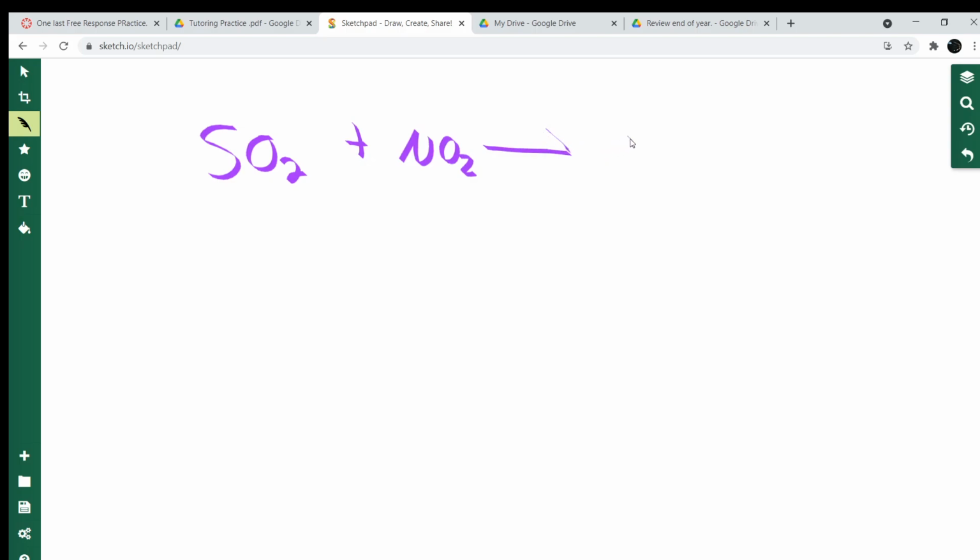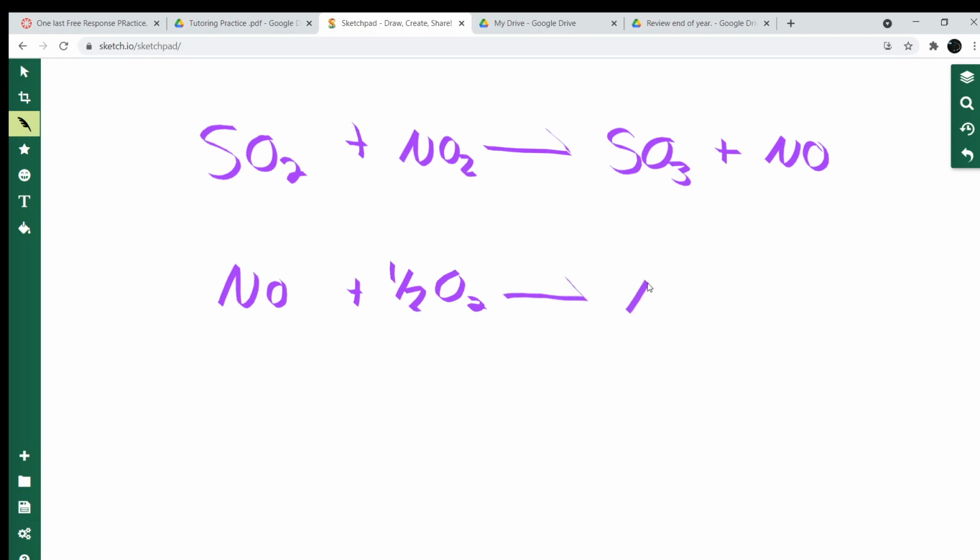What happens is that it'll end up turning into SO3 plus NO. And then we'll have NO plus half O2, and it'll make NO2. So this works as a catalyst. This is the reaction that they're looking for, how we make the sulfur trioxide right here.